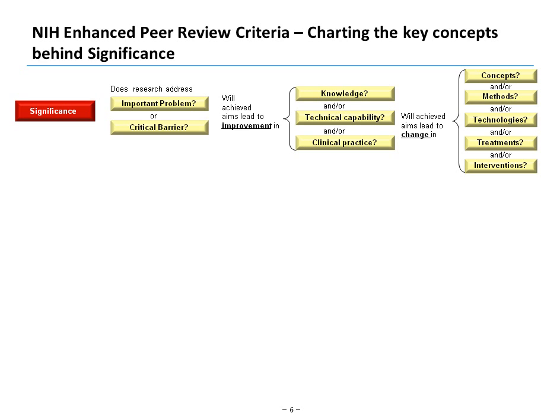Significance, of course, is a critical criteria. Now, you don't have to achieve all of these specific criteria, but you need to achieve one of them in each of those columns. Your research has to address an important problem or critical barrier. Your achieved aims, and again, emphasis on achieved aims, has to lead to improvement in one of those areas. And your achieved aims has to lead to change in one of those areas.